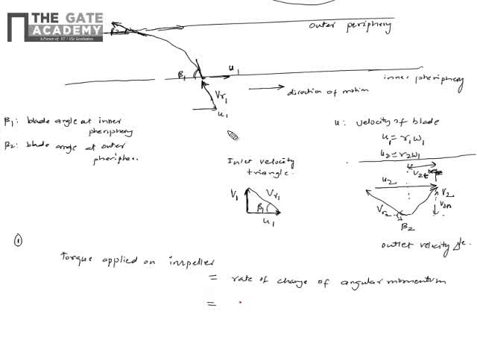So the angular momentum at the outlet is the mass flow rate at the outlet times velocity. What is angular momentum? Angular momentum is the moment of linear momentum.